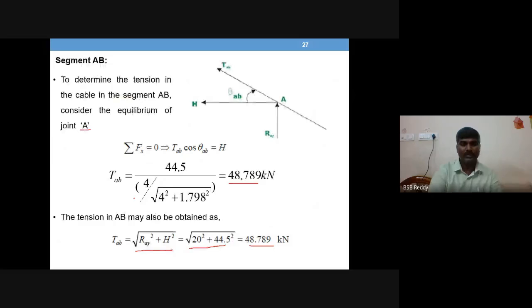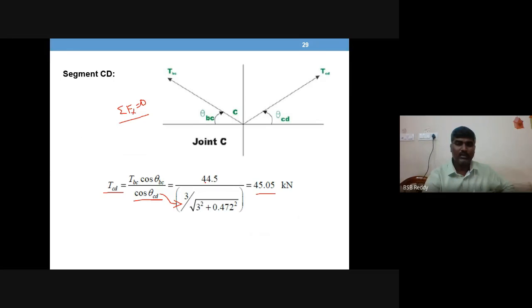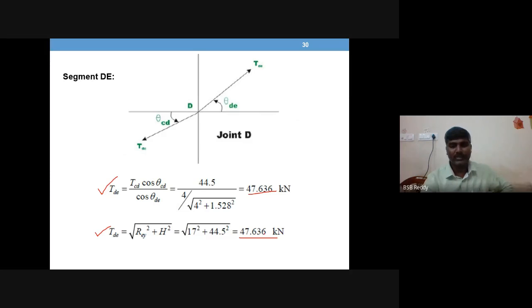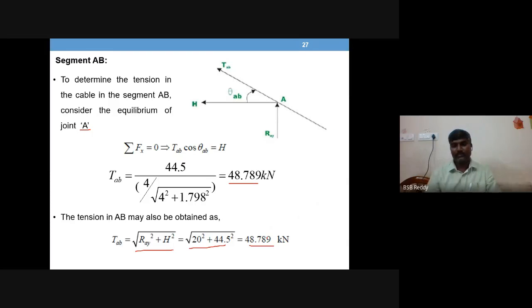You can see now the tension in AB is 48.789, tension in BC is 44.6, tension in CD is 45.05, and tension in DE is 47.636. So the cables at the ends have a higher tension, and the AB portion has the maximum value.